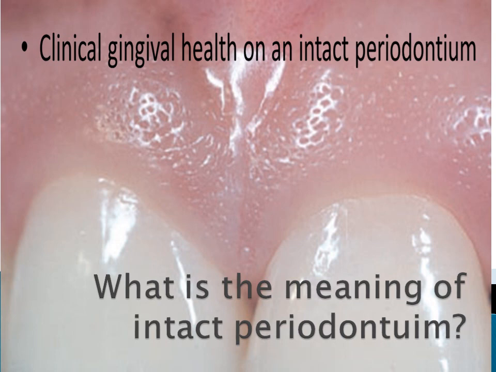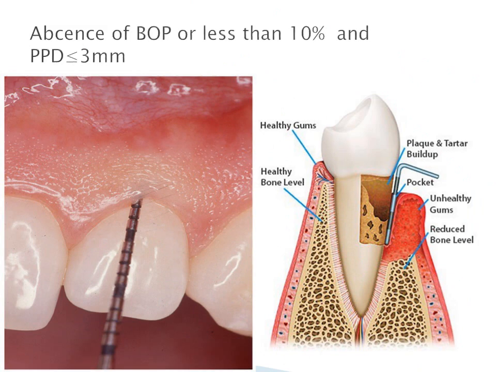The criteria of clinical gingival health on intact periodontium are characterized by absence of bleeding on probing or less than 10%, with a probing pocket depth equal to or less than 3 mm.